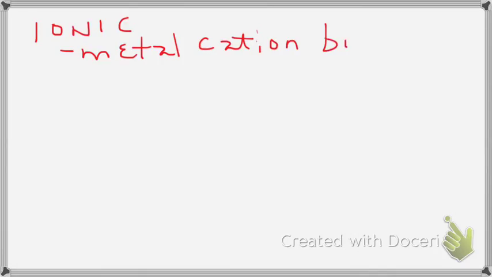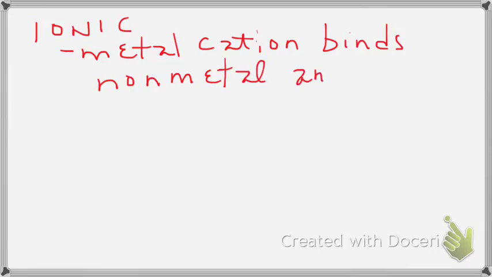That binds to a negatively charged non-metal anion, or a polyatomic anion. The non-metal anions were like fluoride, bromide, oxide, and the polyatomic anions would be like sulfate, phosphate, carbonate.